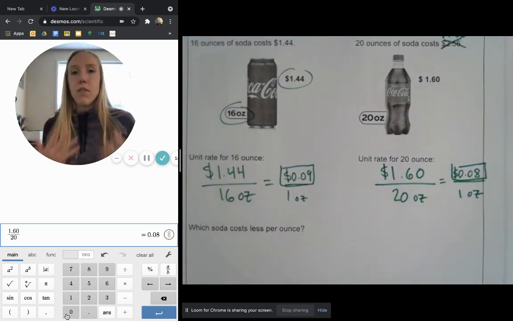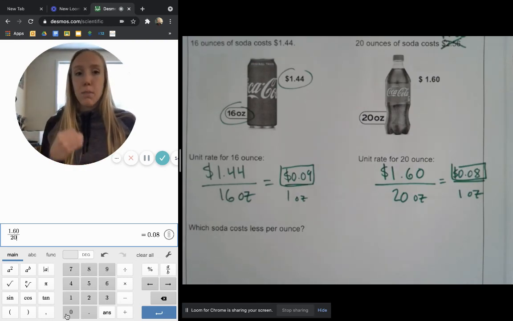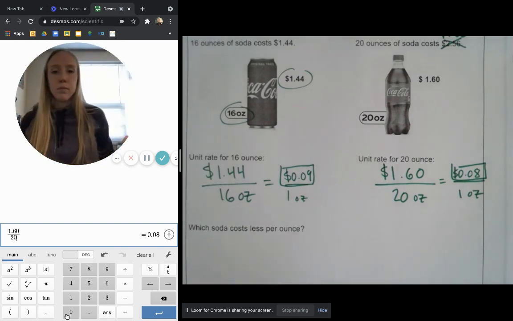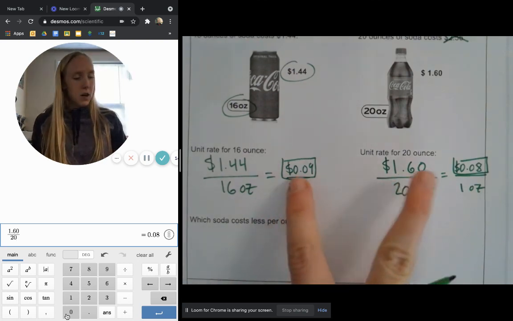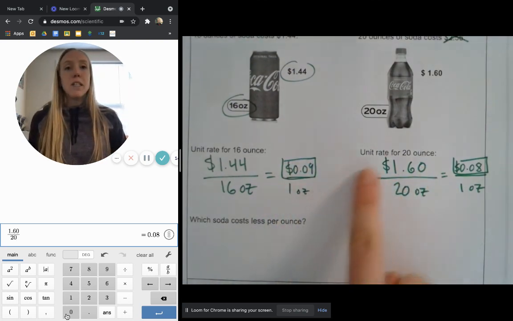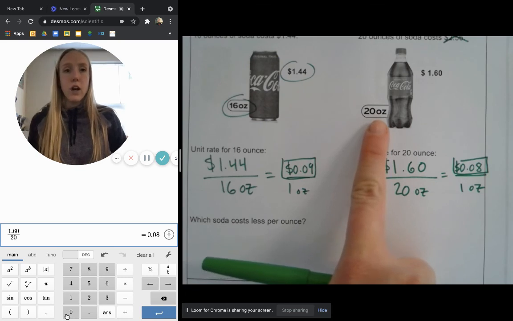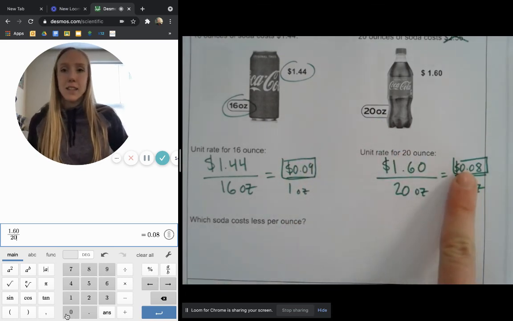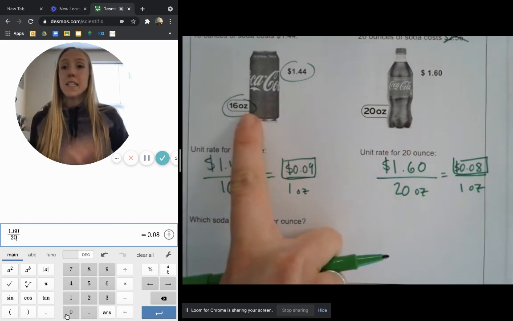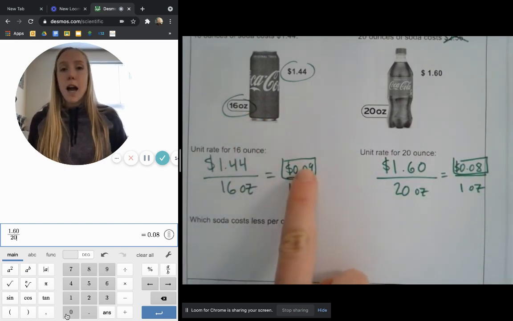So decide in your head, which of these two sodas costs less per ounce? If you're looking at the unit price or price per 1 ounce, it would definitely be the 20-ounce soda that costs less per ounce, because each ounce here only costs 8 cents, whereas each ounce on the 16-ounce soda costs 9 cents.